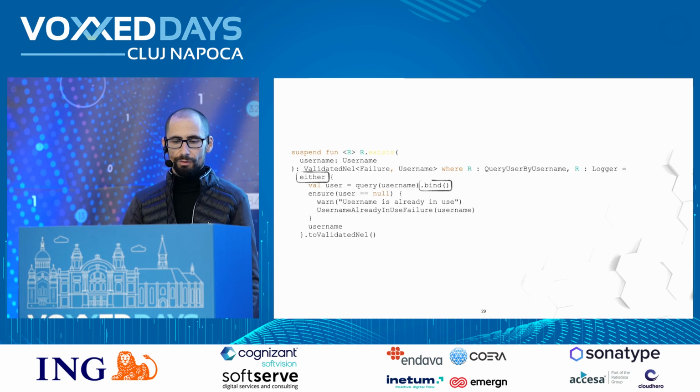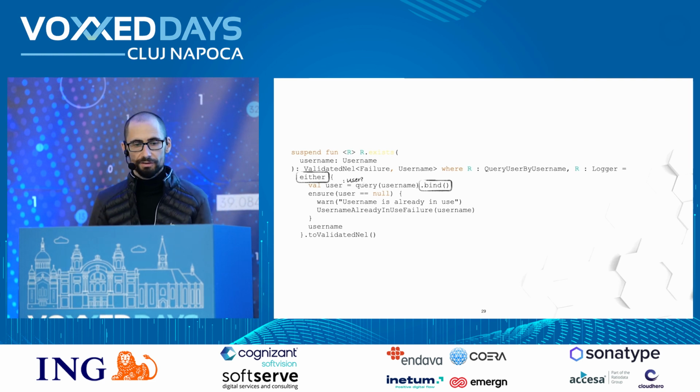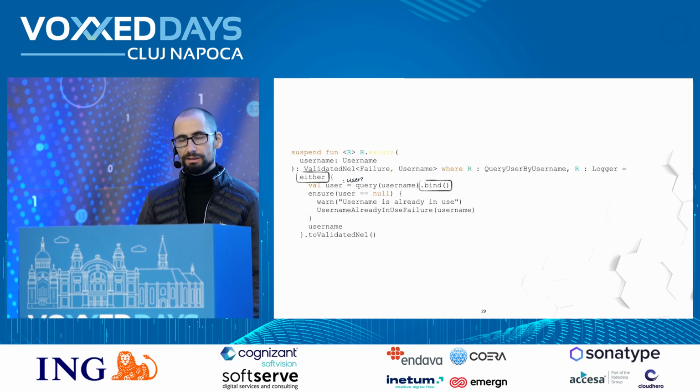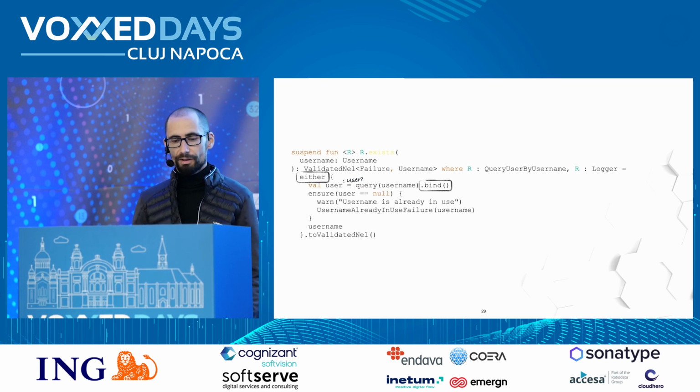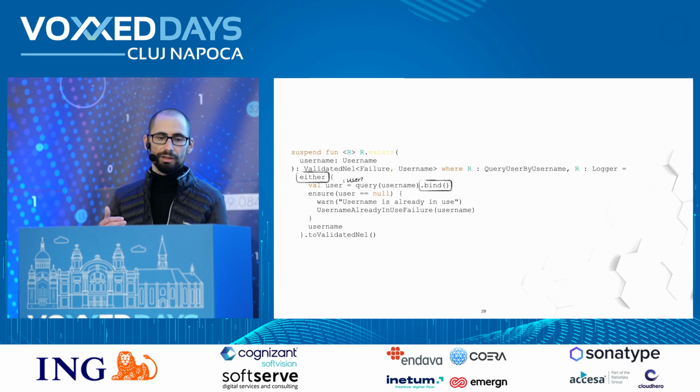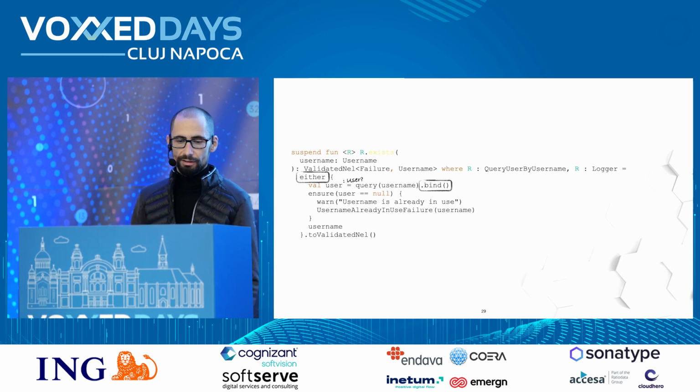Now, if you see here, we have a call to a bind function, and what the bind function does, since query returns an either, is take the value from the right side, in case the request was successful, and assign it to a variable that we defined that we can use later inside the code.